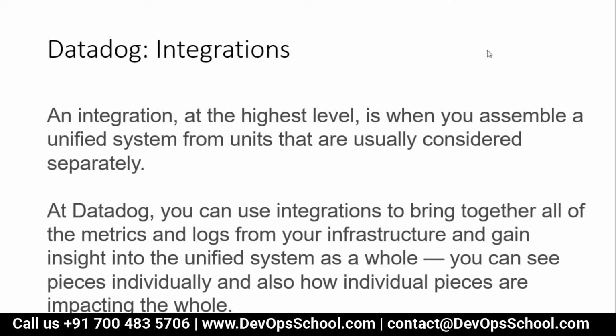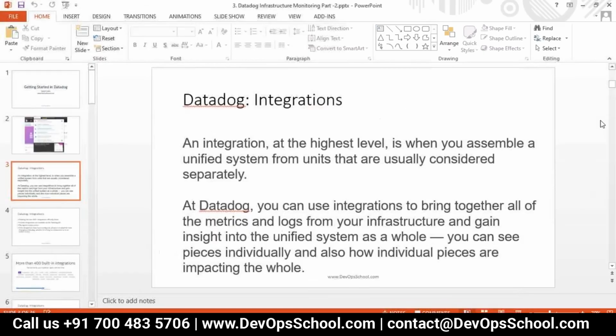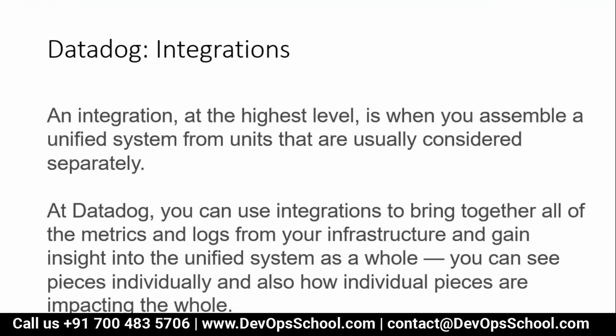In Datadog, you can use integrations to bring together all the metrics and logs from the infrastructure or that particular tool to gain insight into the unified system as a whole. So you can see the pieces individually and also how individual pieces are impacting the whole.